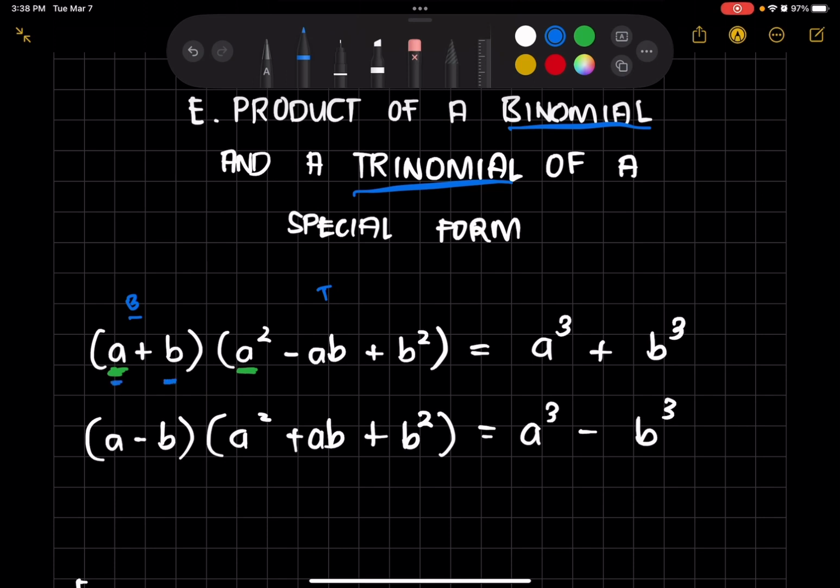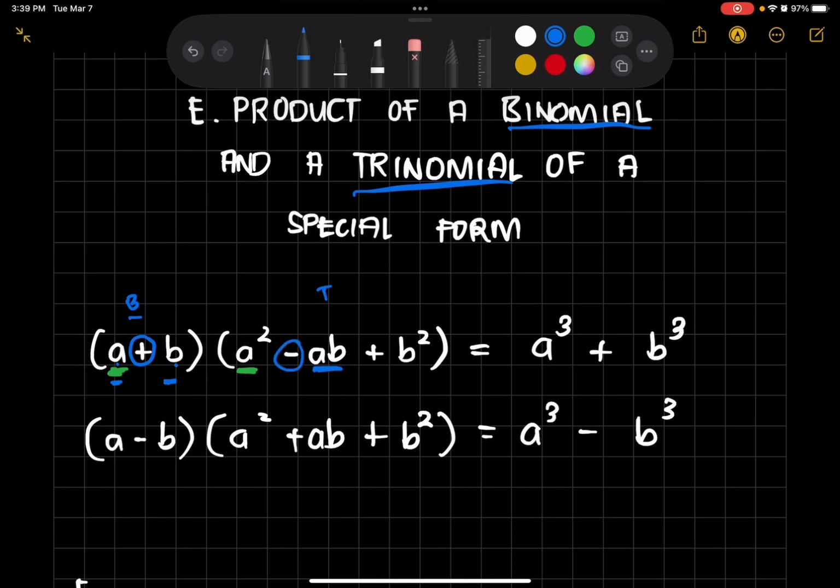Product ito ng first term and the last term, as well as kailangan it's an additive inverse. So, when I say additive inverse, that means it's the opposite. Okay, so kung ito ay plus, it should be minus here. So, that's the second characteristic.